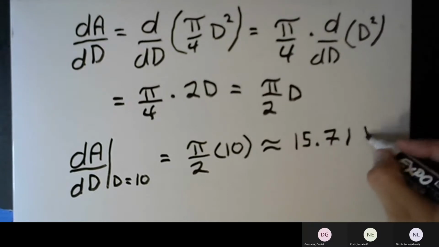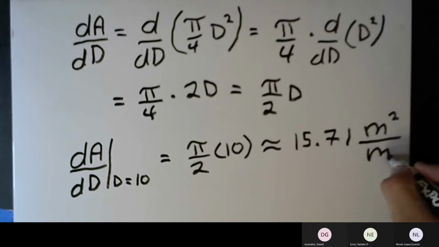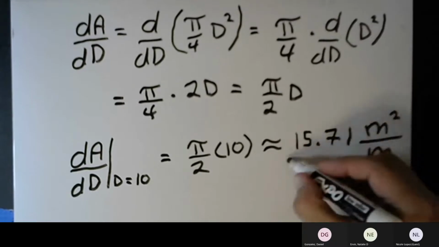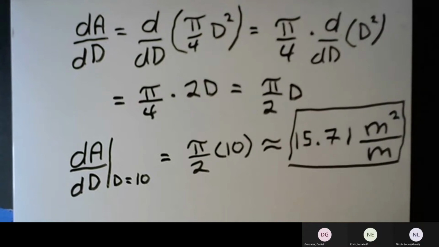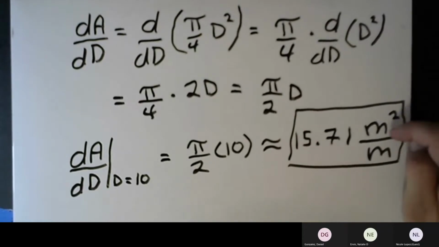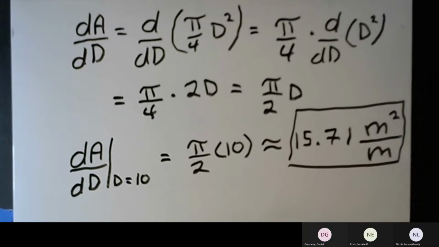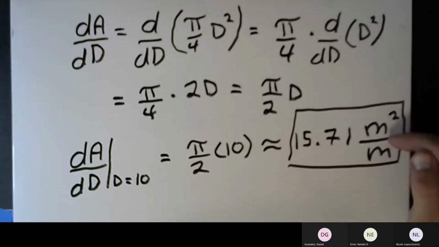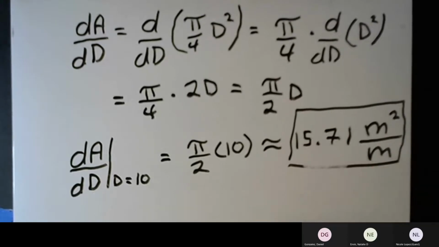And just double checking the units. It's meters squared per meter, which is kind of a funny thing. But the reason the text isn't going to simplify this, because you could say this is meters squared over meter. Usually when you're dealing with units, you'll cancel meters. Meters will divide into meters squared. So you get 15.71 meters.